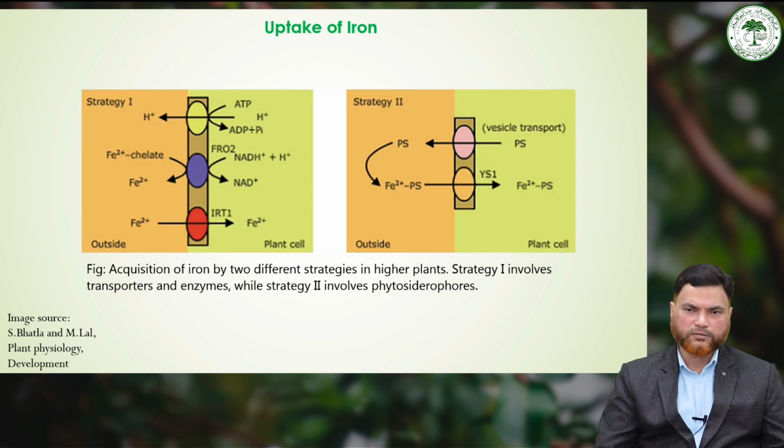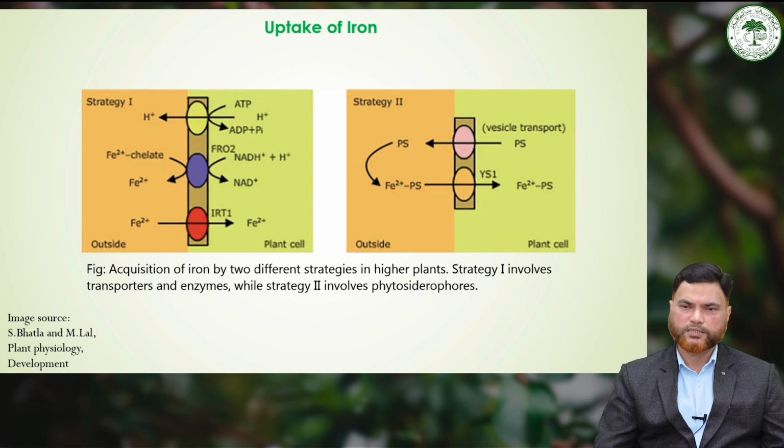So, iron acquisition is basically regulated by the availability of iron in the soil and the developmental stage of plants requiring iron. Under iron deficient conditions, plants generally enhance the activities of specific transporters and enzymes.